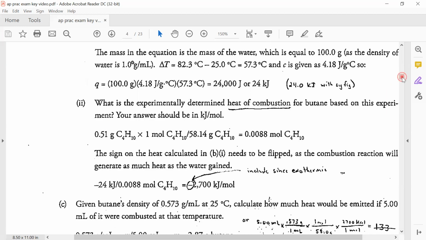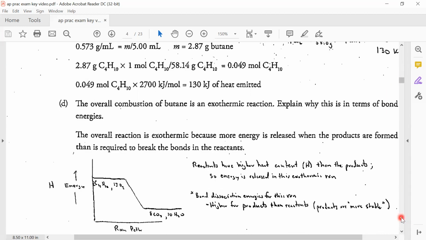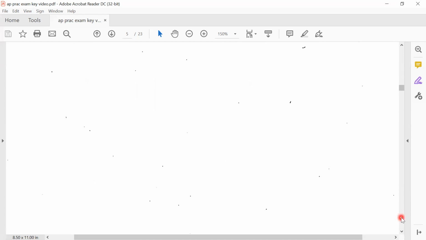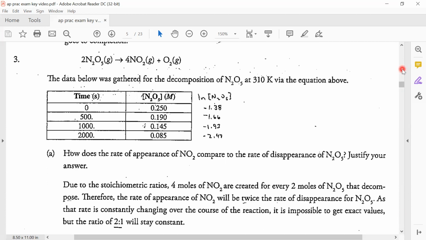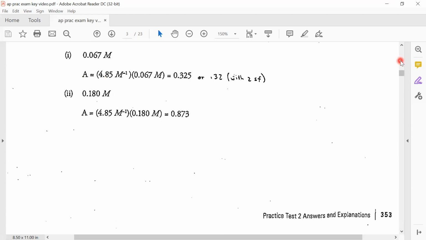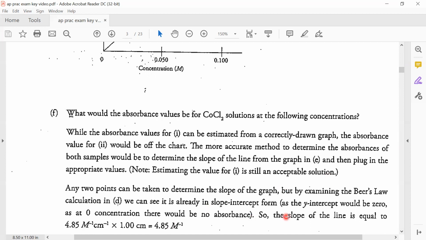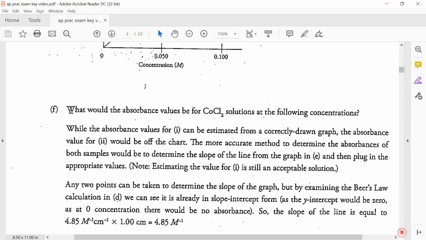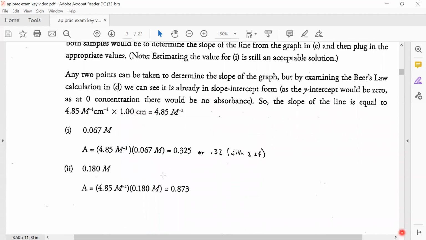Where did I get that 4.85? The slope of the line is equal to this 4.85 times 1, which is still 4.85. So that is really the a and b term together. So a times b, which is this, times C, I can solve for right there.